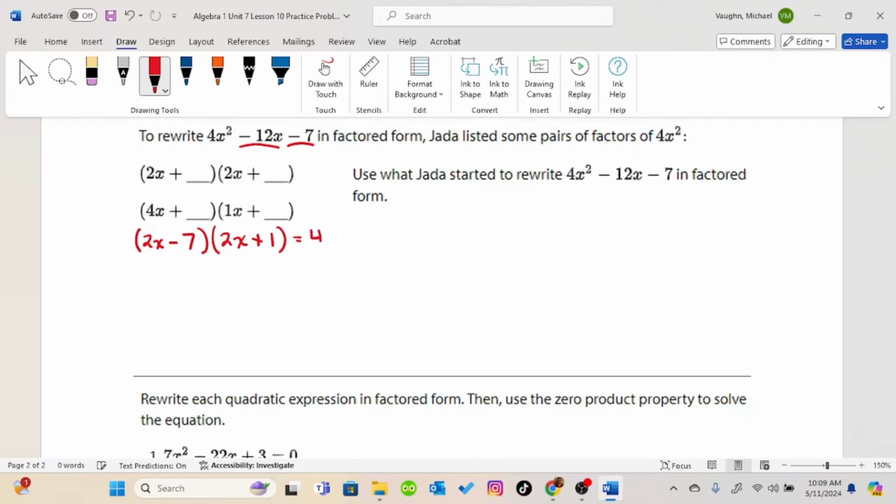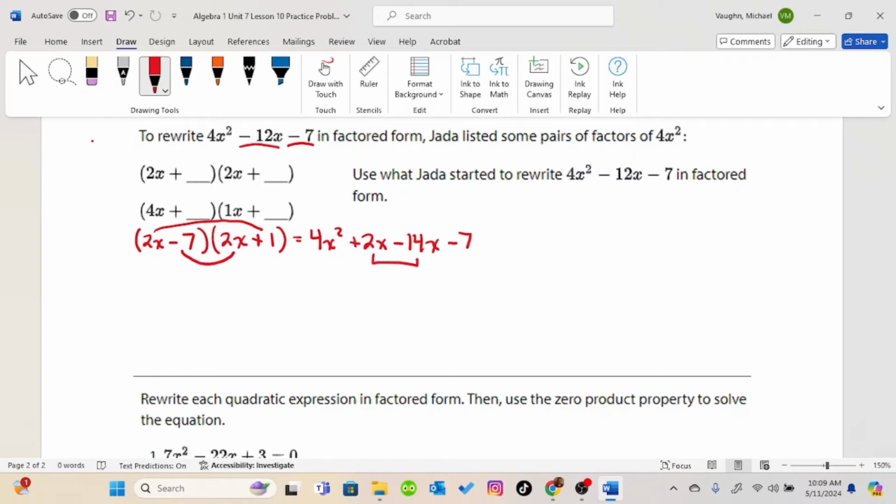This would give us 4x squared. 2x times 1 would be 2x. Negative 7 times 2x is negative 14x. And negative 7 times 1 is negative 7.